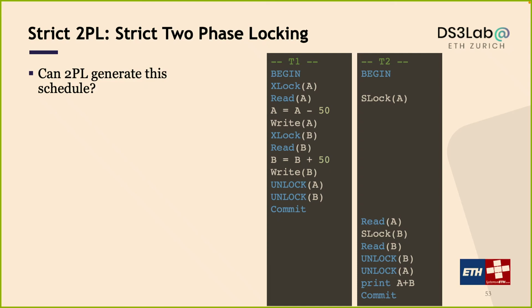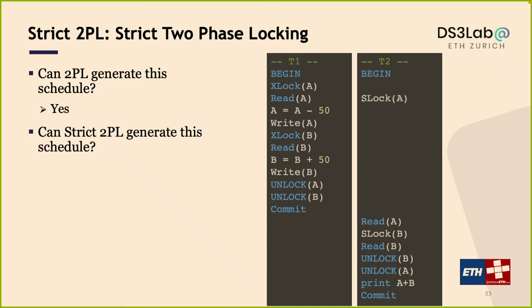Is this possible under two-phase locking? Who thinks it's possible? Who thinks it's not possible? This is possible, right? Because T1 has a growing phase and then a shrinking phase. T2 is the same, growing, shrinking.